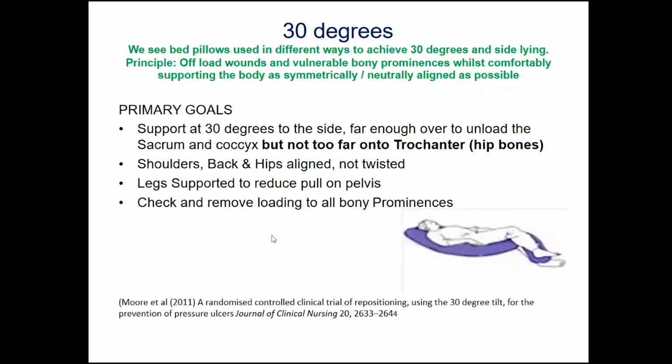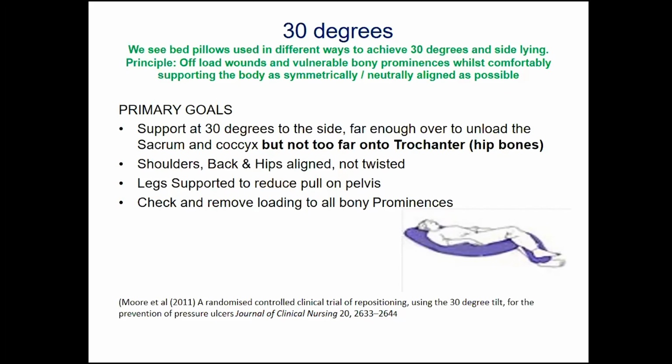Now, I know that there's quite a lot of talk around what 30 degrees of side lying means. I've certainly seen lots of different pillow positioning to try and achieve 30 degrees. And I think there's no one right way for somebody to be put into 30 degrees because all our bodies are different.